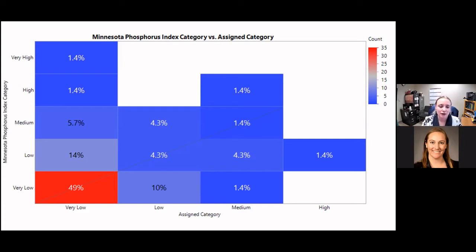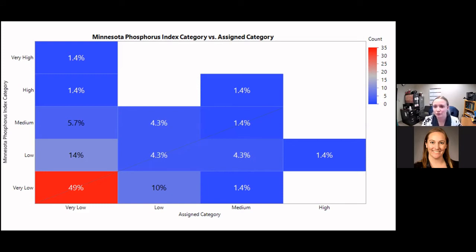I gave the data very low, low, medium, whatever they should be based on total phosphorus, because the model, like I said before, is trying to get at total phosphorus based on those three pathways that I talked about earlier.